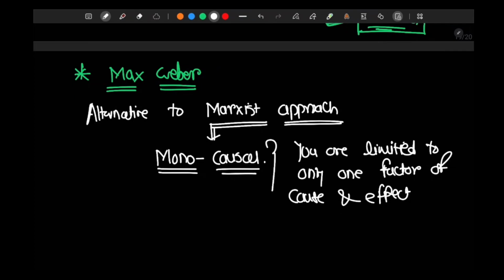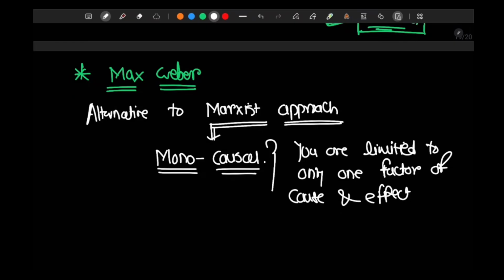Why is he a foundational thinker? Because Marx limits himself to only economic analysis. For him, economy is the primary factor on which history moves, on which socio-economic phenomena move. So Marx is an economic determinist.